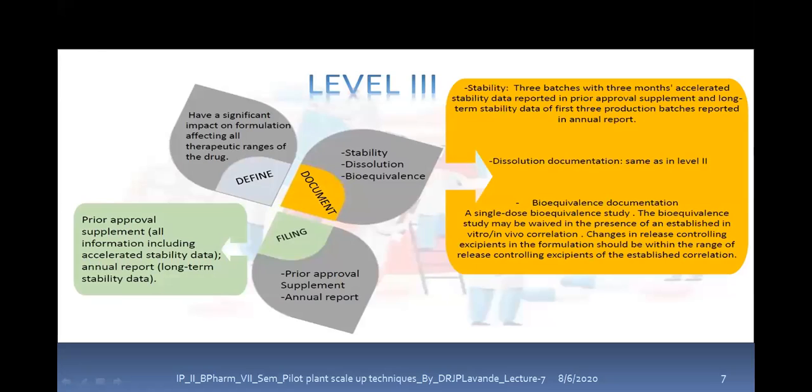Changes in release controlling excipients in formulation should be within the range of release controlling excipients of the established correlation. Now, if it is level 3, the filing should be prior approval supplement and the annual reporting. So prior approval supplements include all information including accelerated stability data and annual report in the form of the long-term stability data. This has to be carried out.